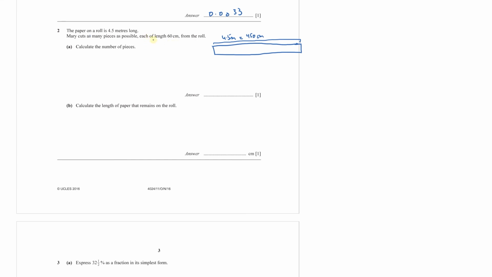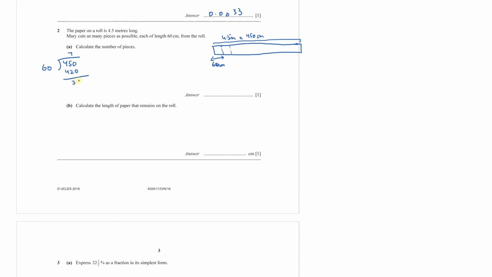And each piece that she cuts has a length of 60 centimeters. So if you mark these like here, each of these is 60 centimeters. We have to calculate the number of pieces she can cut from this roll such that each piece has length 60. So that means we have to divide 450 by 60. 60 times 7 is 420.